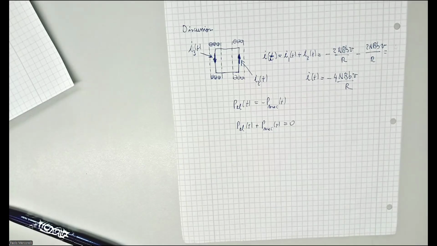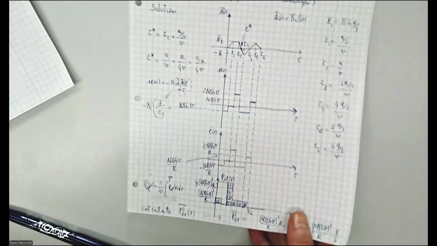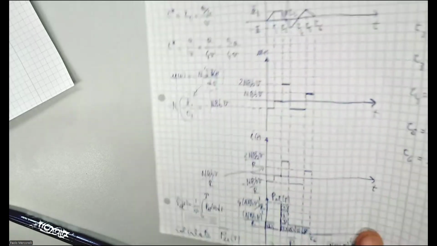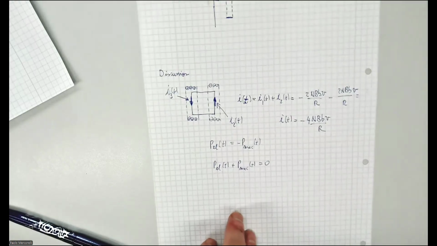We have twice the slope. If you have 4 times the force, also the current, no, the current twice, excuse me, as the voltage, excuse me.